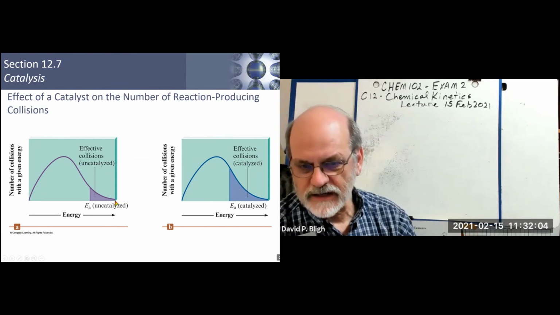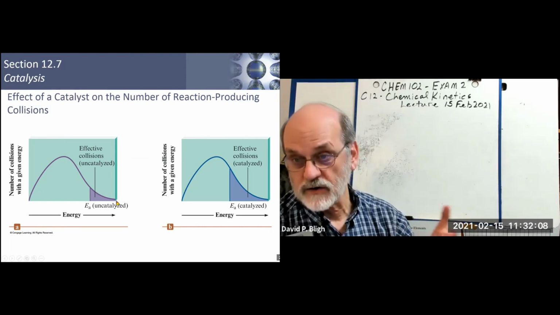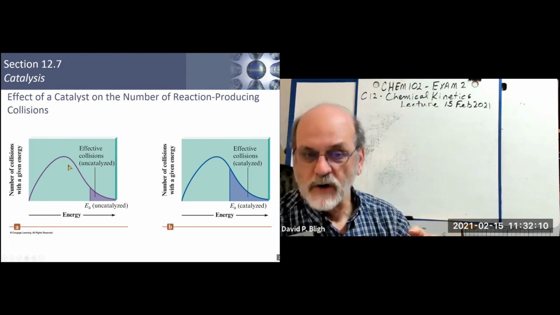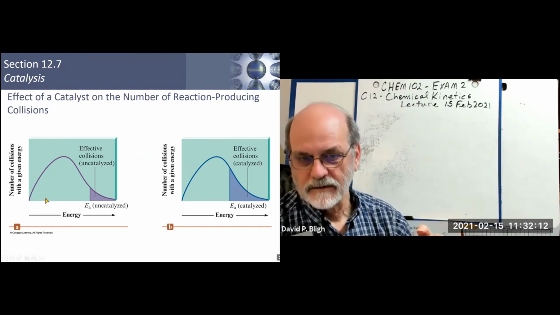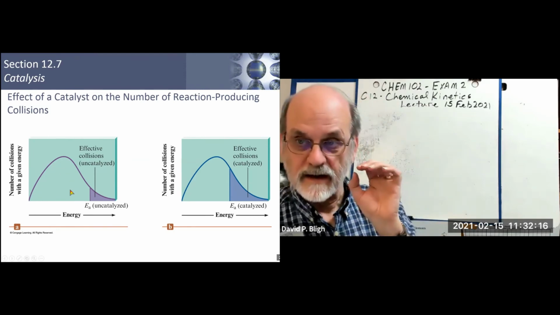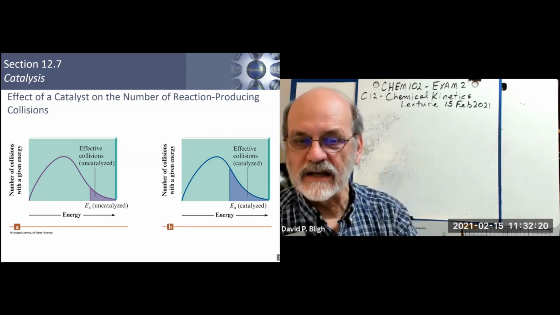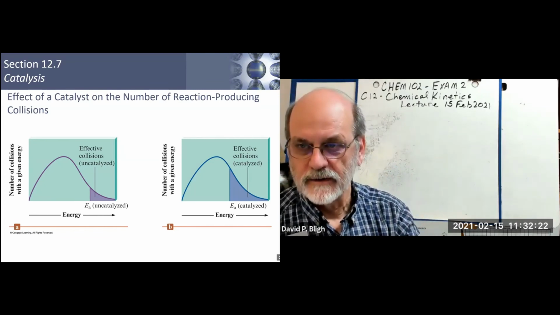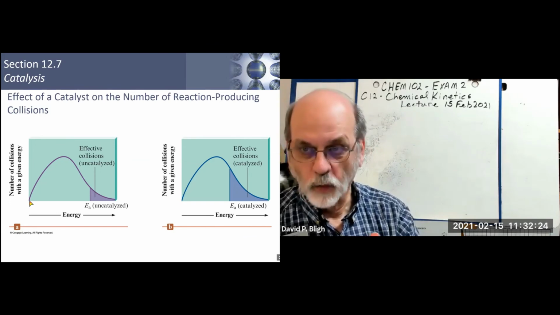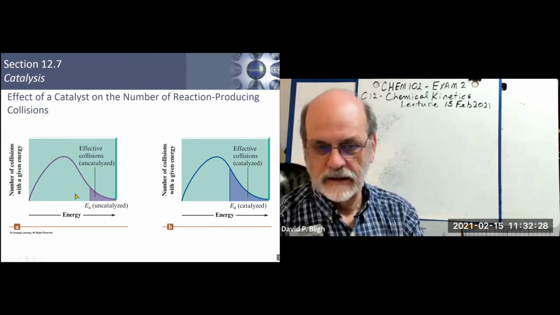And once you get out here to the high energy level, there are very few of them that are high energy also. Most of them are in the middle somewhere. The area under that curve is a quantitative measure of how many collisions are occurring within an energy range.